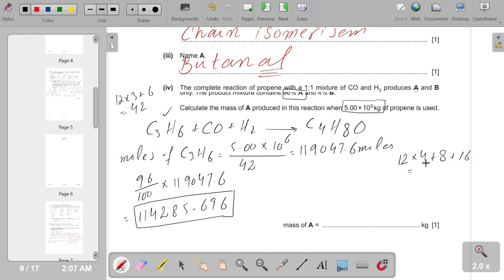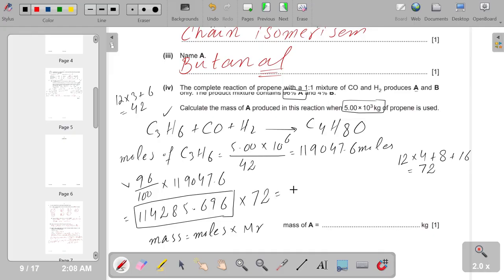So 12 multiplied by 4 is 48, plus 8, plus 16 becomes 72. Mr is 72. Is it clear? The formula is mass is equal to moles multiplied by Mr. These are the 96% of the moles, and Mr is 72.